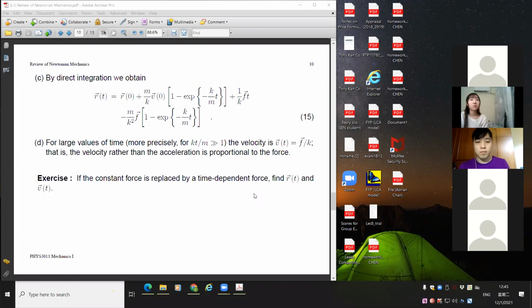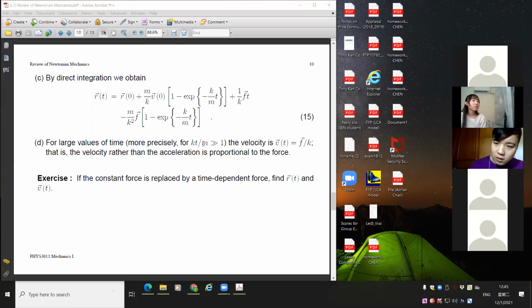What is m over k? Yes, of course, the exponential part will become 0, as you expected.